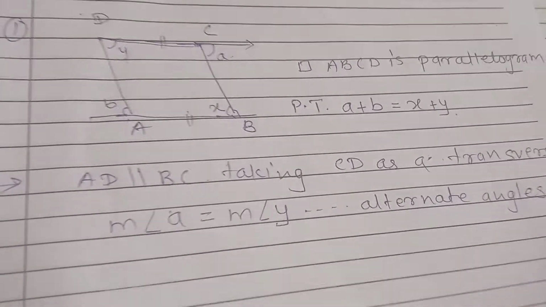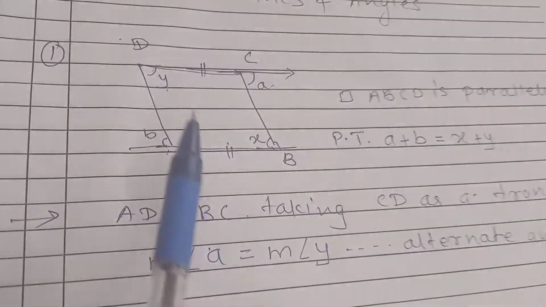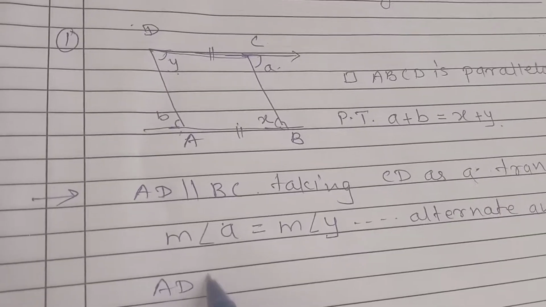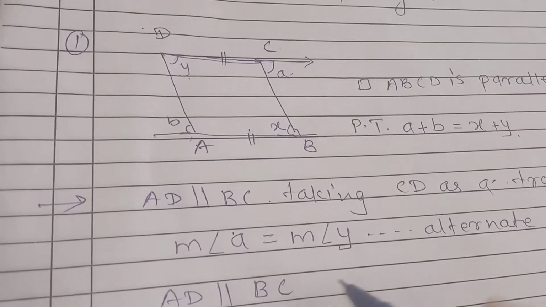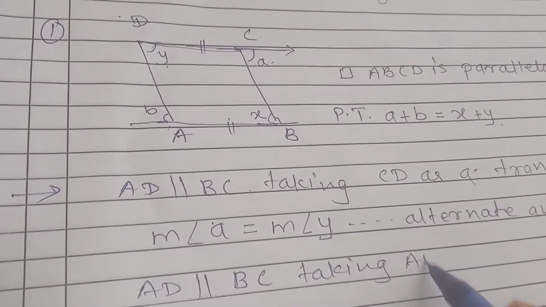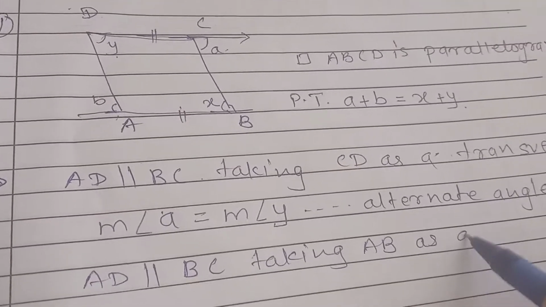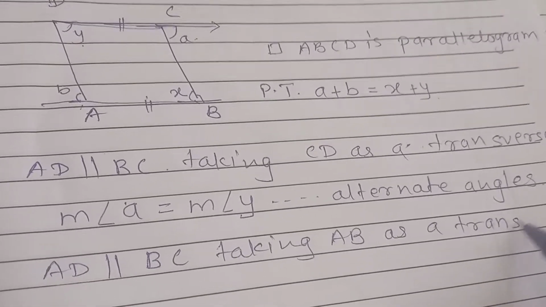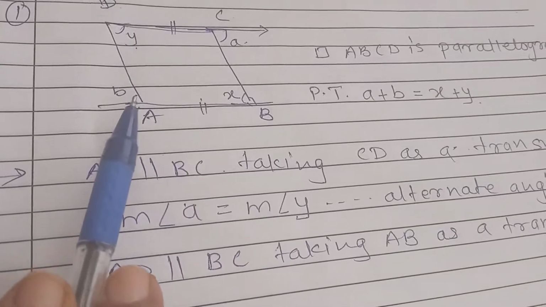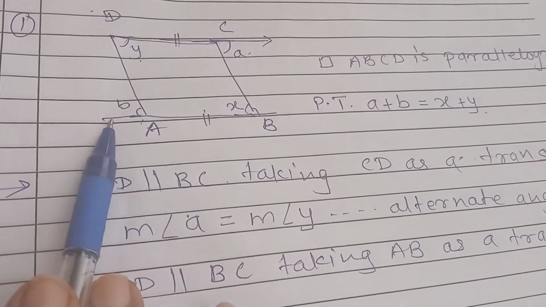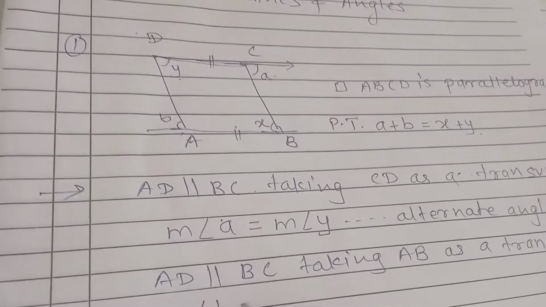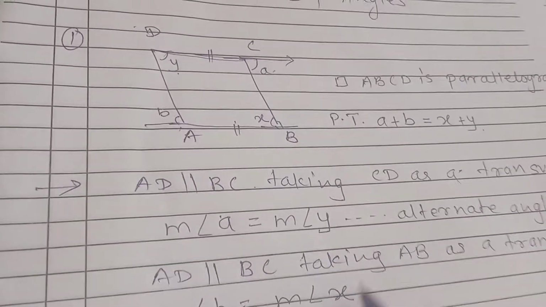They are alternate angles. Again, we have AD parallel to BC. Taking AB as a transversal, measure of angle B is equal to measure of angle X. Why are they the same?